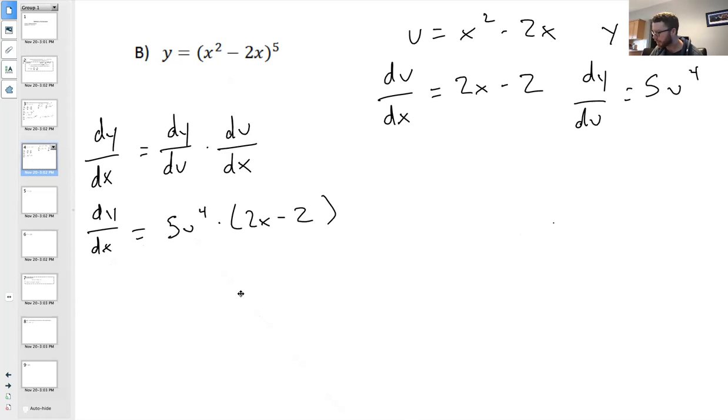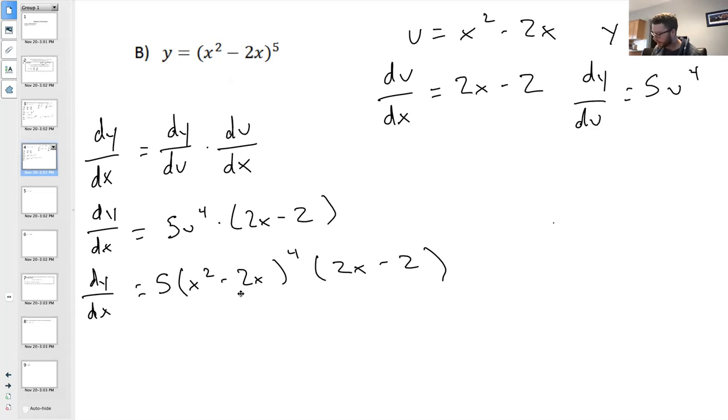At this point, we need to substitute in our u for the x squared minus 2x because we want to take the derivative of y with respect to x. If we did it right now, it would be the derivative of y with respect to u. So dy over dx is equal to 5 times u, which is x squared minus 2x, to the 4th, multiplied by 2x minus 2.